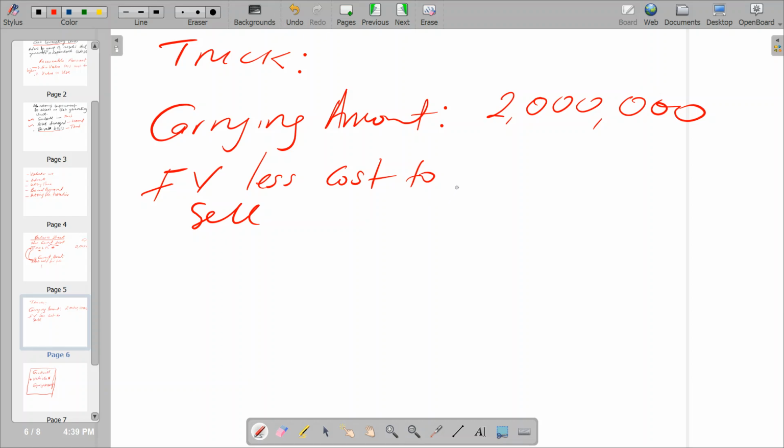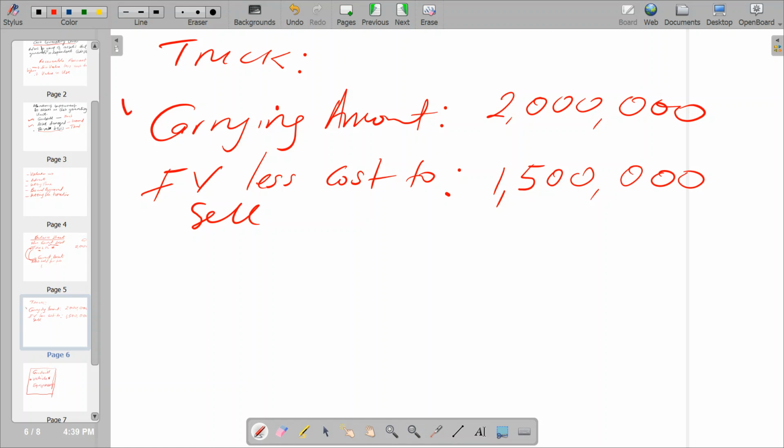Fair value less cost to sell is maybe 1,500,000. Okay, all right. So the carrying amount is the book value.